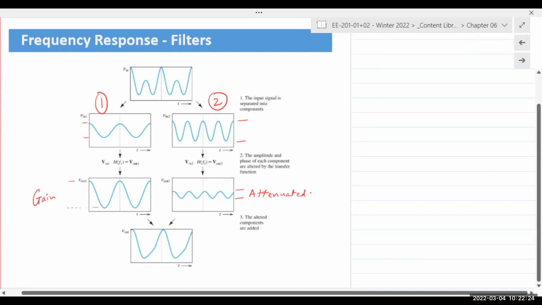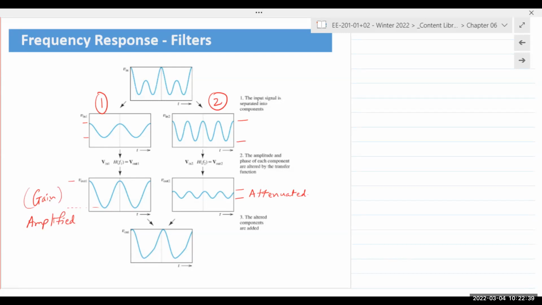So on the left, we have amplification. The signal is amplified. On the right, it is attenuated. Amplification and attenuation are two sides of the same coin, antonyms of each other. In electronic circuits, this is a very common application. There are many signals where we want to amplify, and there are other signals that we want to attenuate, meaning reduce in value.